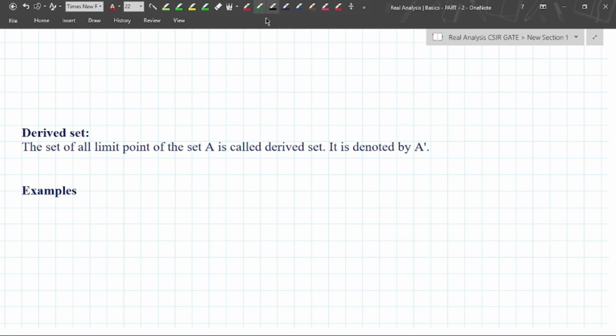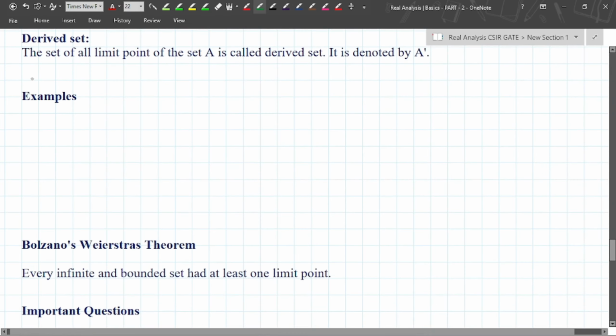Now, for example, first we take just a finite set, say 5. What is the derived set for this? What is the limit point for the 5? There is none. It is the empty set. So these are the sets here, and these are the derived sets here.